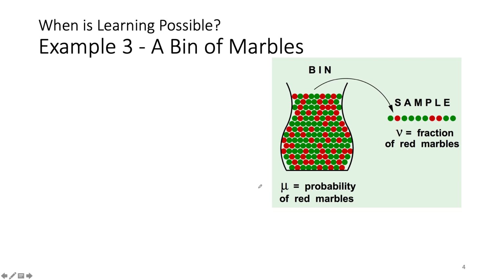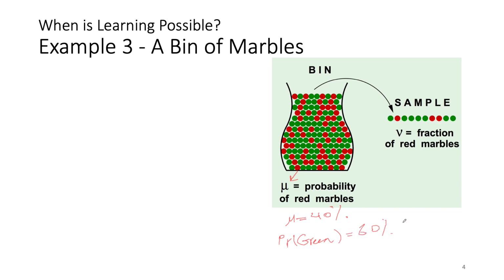And mu was the probability of the red marbles in that bin. Say, assume mu is 40%. Since this bin consists of only red and green, if this one is 40, then the probability of green should be 60, right?